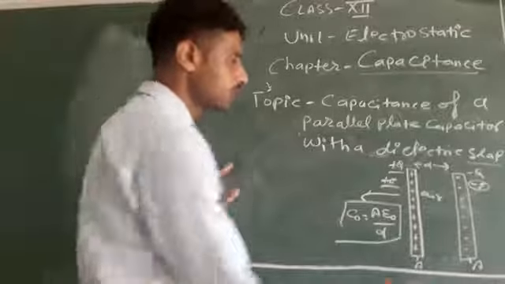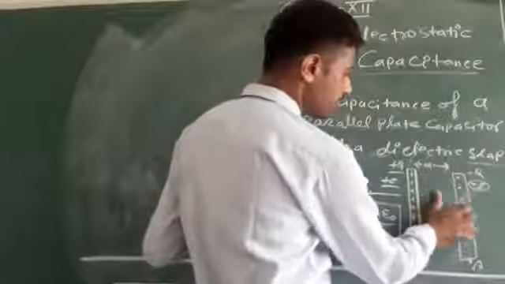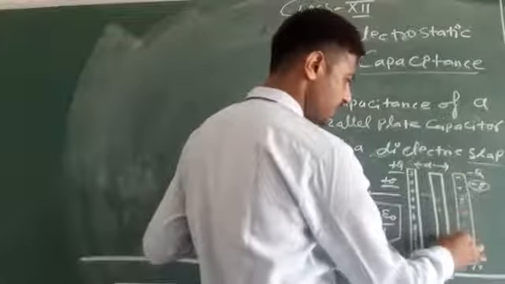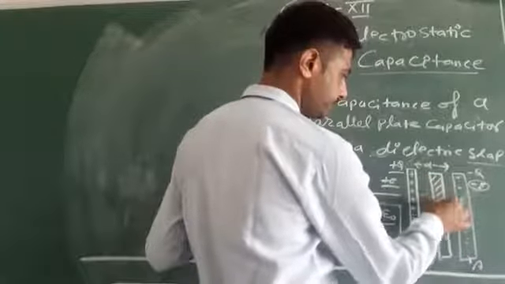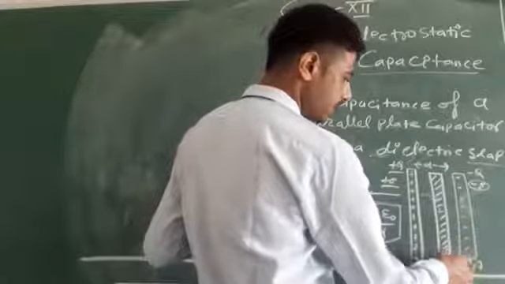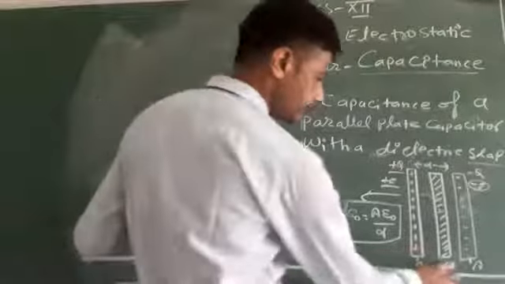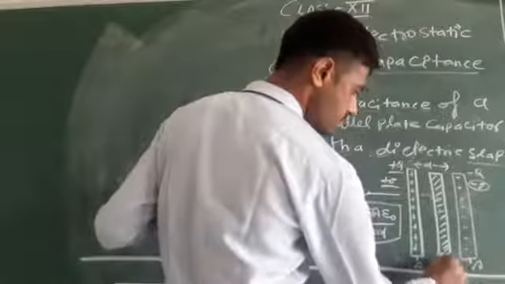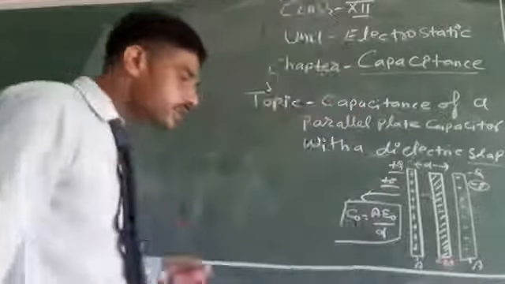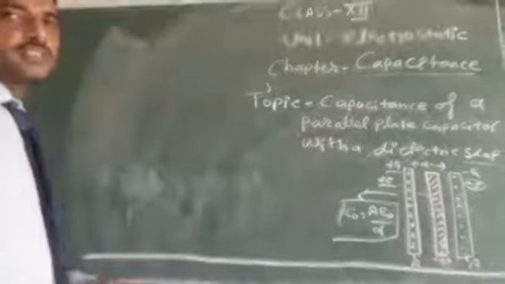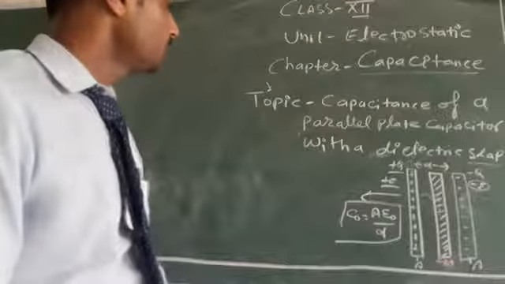So the question is, if a dielectric slab, this is a thin slab of thickness t, is introduced between the plates, then we have to find the change in capacitance of this parallel plate capacitor. Okay, so now I am going to solve.